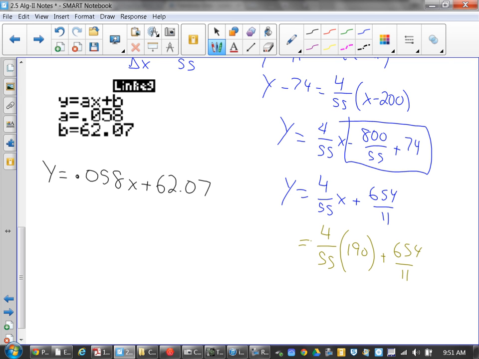So if I try that again, remember what it told me I was going to be: 73.27. That's what my height should have been. Well, if I use this one, let's see what it spits out. Again, I was 190. What does it give you here? 73.09. So it's close.